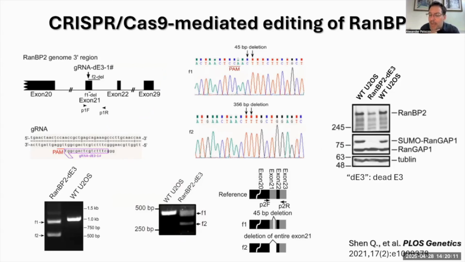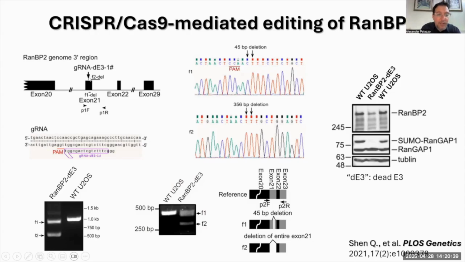So my lab back in 2021 developed a protocol to use CRISPR-Cas9 to edit the RanBP2 gene of tissue culture cells so that we could disable this E3 SUMO ligase domain. That's really key because if you want to understand how something works, first you have to start dismantling it and taking it apart. This is our attempt to understand what this E3 domain was doing.